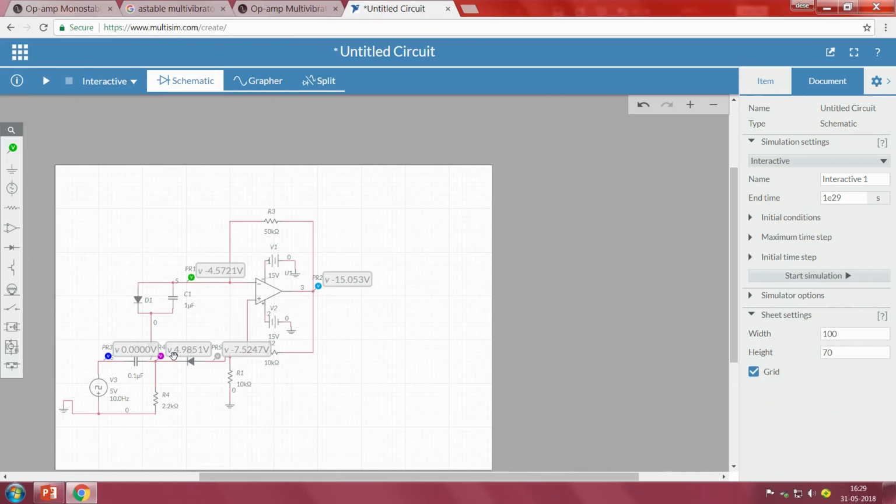When you differentiate a pulse you will get a spike, right. Since we do not need any spike when the input is going from minus 5 to 0, if you use a diode, it will block all the positive signals, right. So we will get only one spike during the negative pulse. This negative pulse is responsible for discharging your capacitor till it goes to minus VCC.